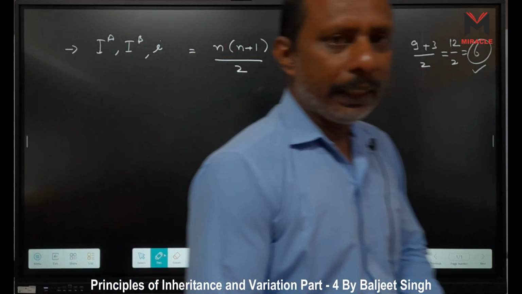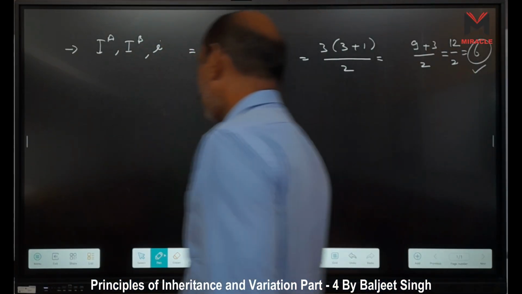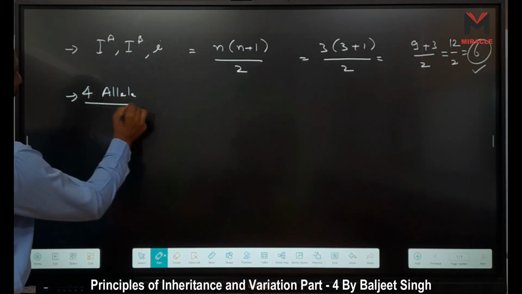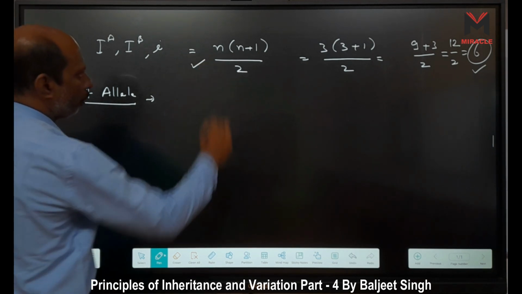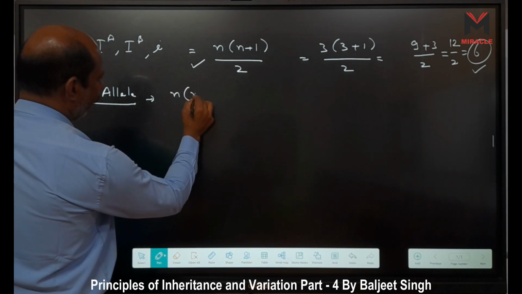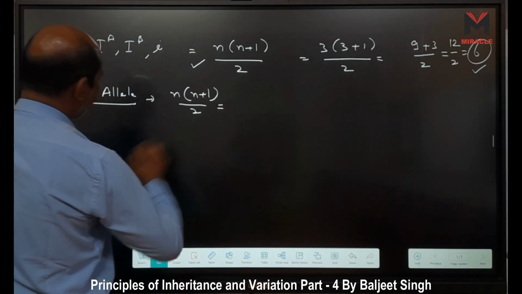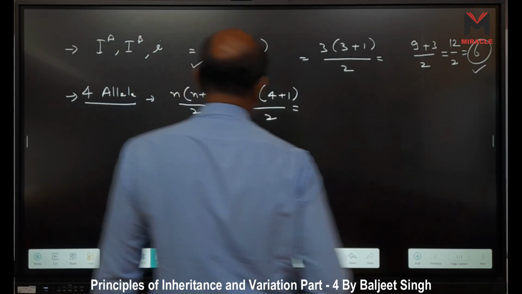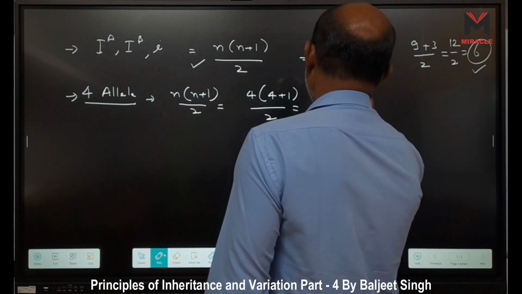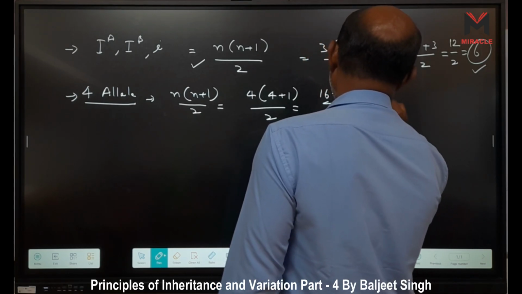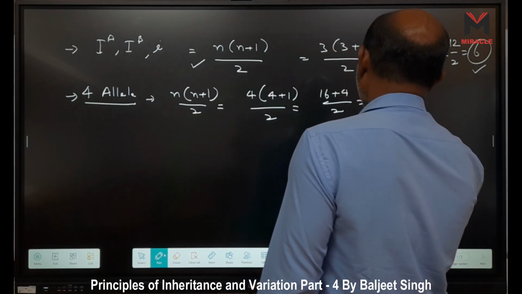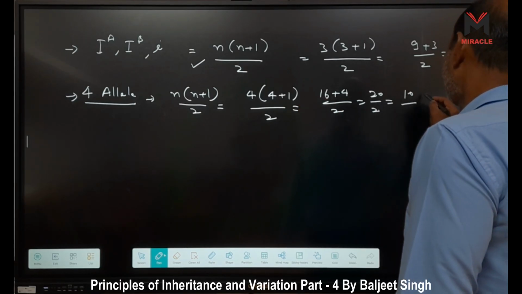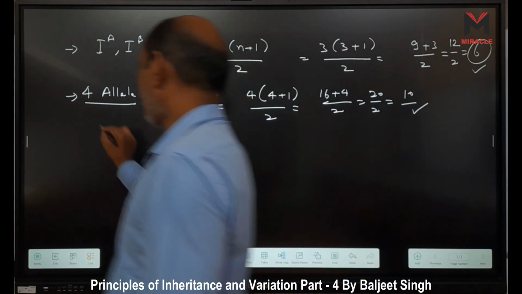Simply we use this formula, n(n+1)/2, which means 4(4+1)/2, that is (16+4)/2, or 20/2, which means 10 combinations in case of rabbit.